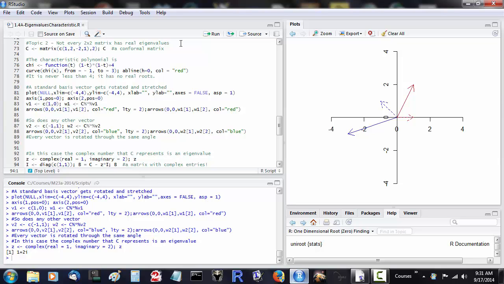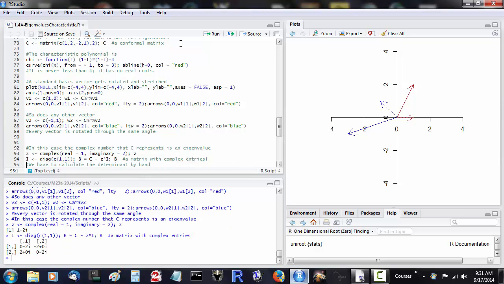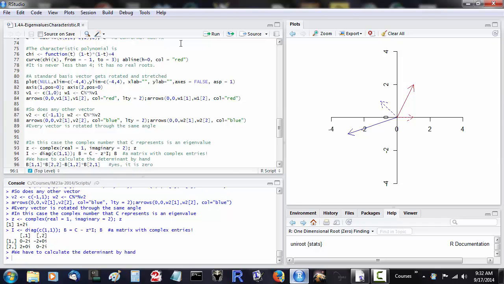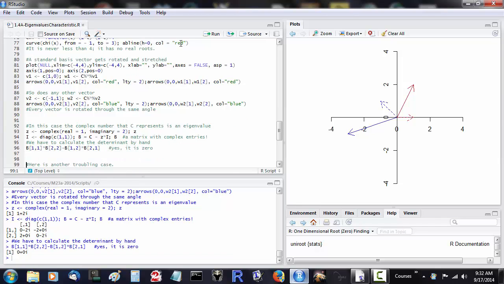If I subtract 1 plus 2i from the conformal matrix, then I get a matrix B. It has complex entries, mind you, because I have subtracted 1 plus 2i times the identity matrix from it. R refused to calculate the determinant of this matrix. It said determinants of complex matrices were not yet implemented, but I can do it by hand, and sure enough, it comes out to be 0.